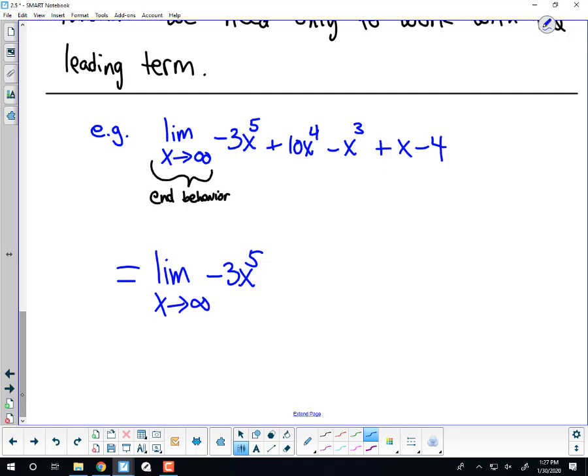Because remember, the infinity to the fifth is getting larger much, much more rapidly than any of those other infinities. Is everyone okay with this?